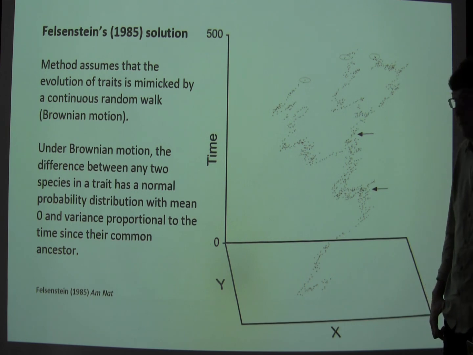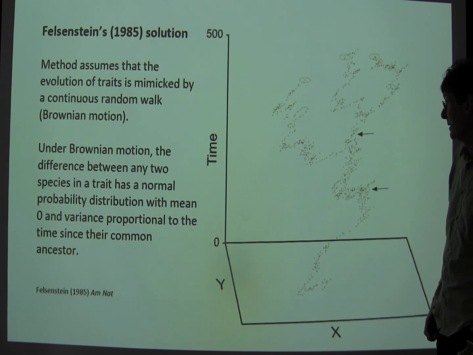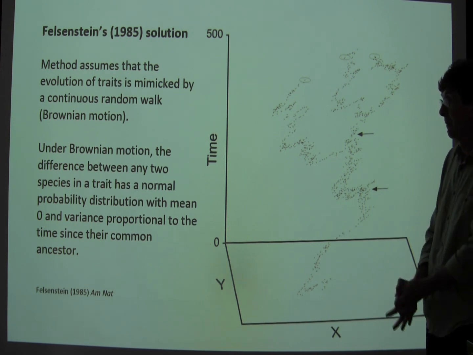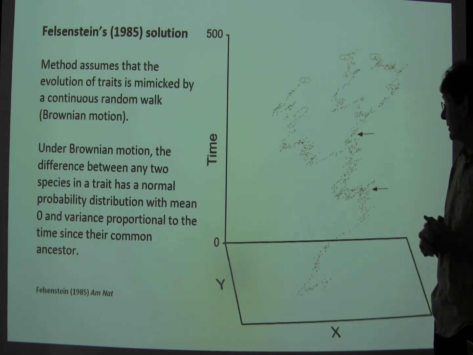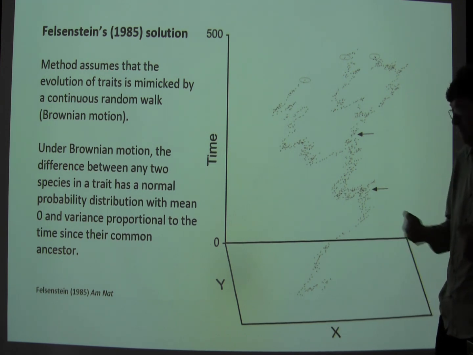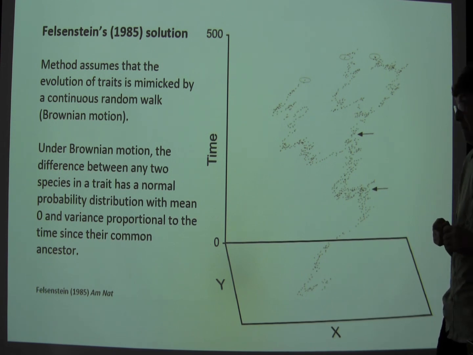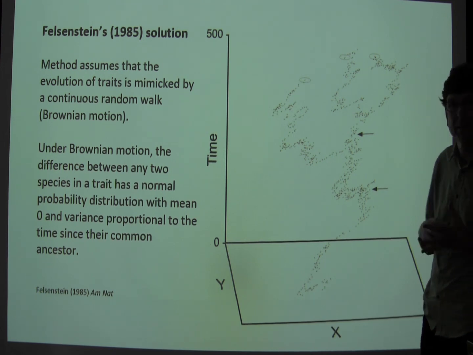It's just a mathematical equation that attempts to mimic trait evolution over time. And one feature of Brownian motion is that the difference between any two species in a trait has a probability distribution that's normal. It has a mean zero, and it has a variance that's proportional to the time since their common ancestor.